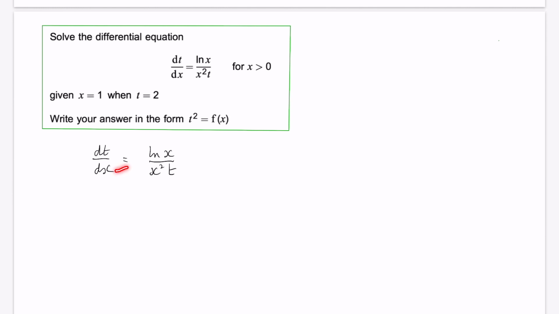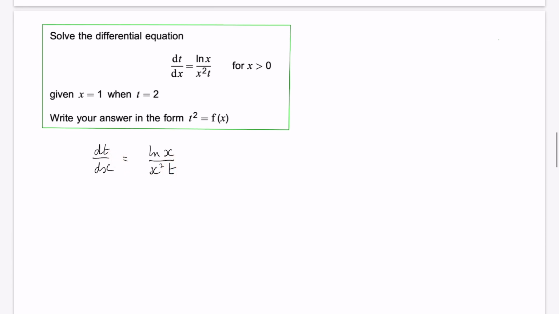And what we're trying to do is to arrange to have all the x's on one side of the equation and all the t's on the other. And we can achieve this by a very simple piece of cross multiplying. Now that expression as it stands is mathematically meaningless until we add an integral sign to both sides of the equation.